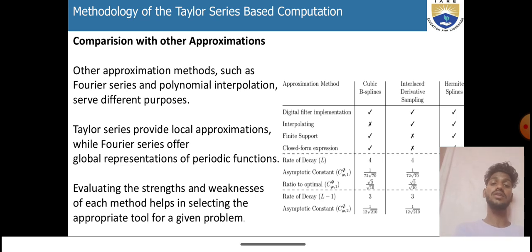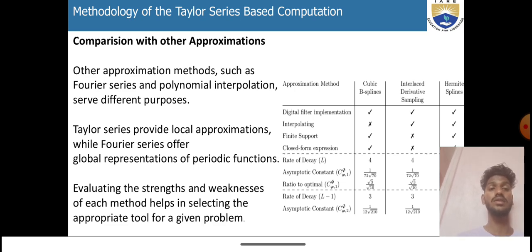This is the difference between Fourier series and Taylor series. Evaluating the strengths and weaknesses of each method helps in selecting the appropriate tool for a given problem.